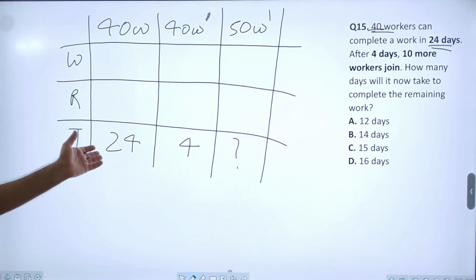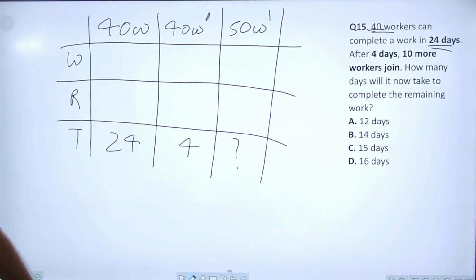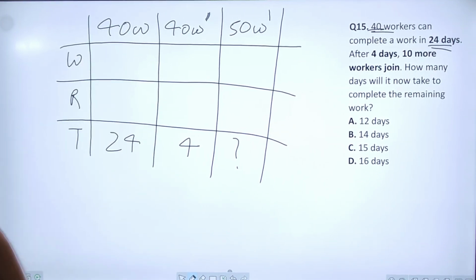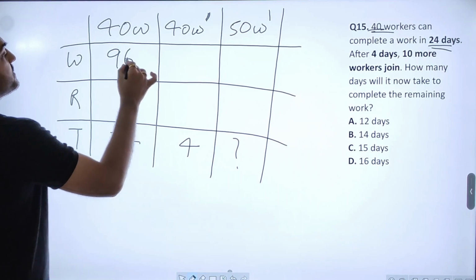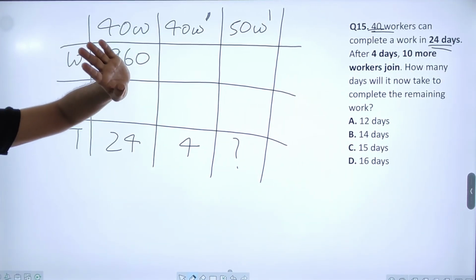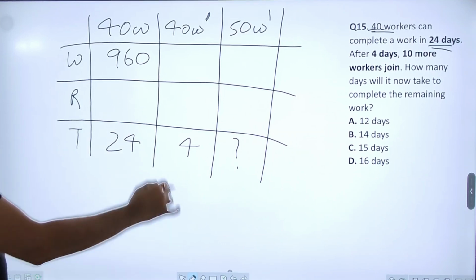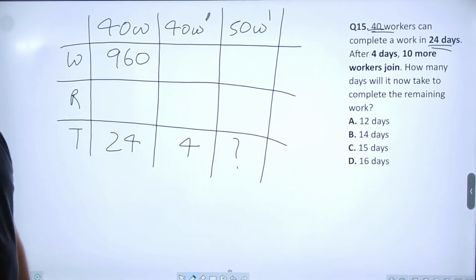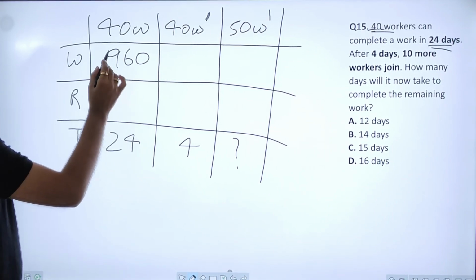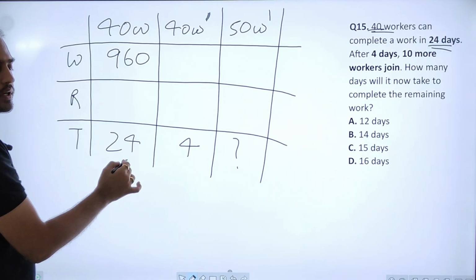Again, let's take a value which goes by all of this. So I see 24, 4, I see 40 also. Let's assume the total work as 960 chocolates. So 40 people eat 960 chocolates in 24 days.